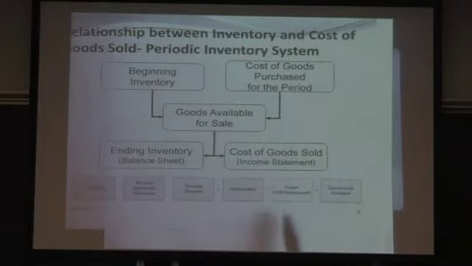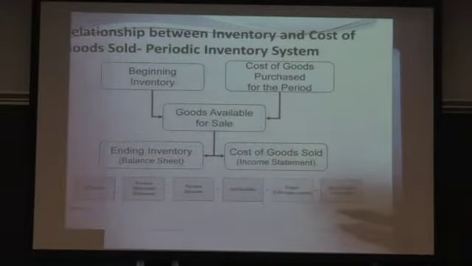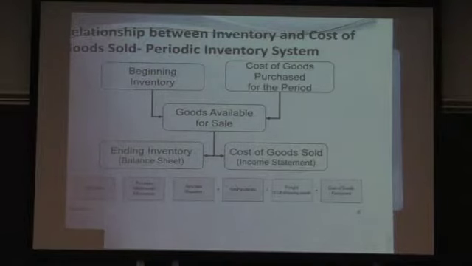Then we're going to add our shipping cost. So these are shipping of goods coming into the warehouse of the buyer. And you only include it if it's what we call FOB shipping point. And what FOB shipping point means is that these are shipping costs that are incurred by the purchaser.